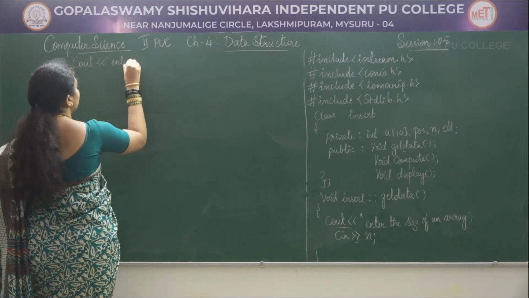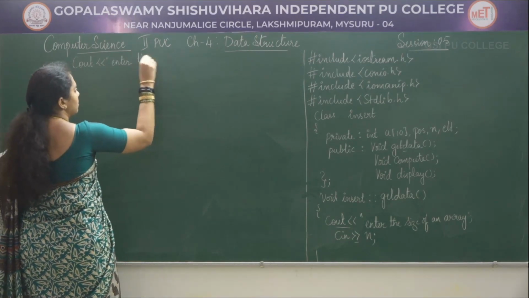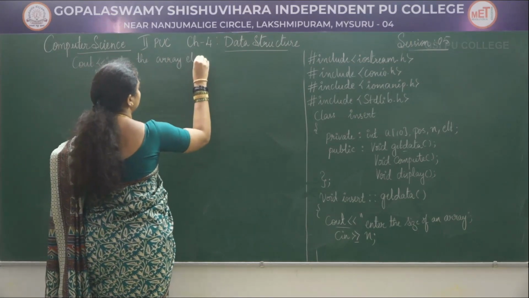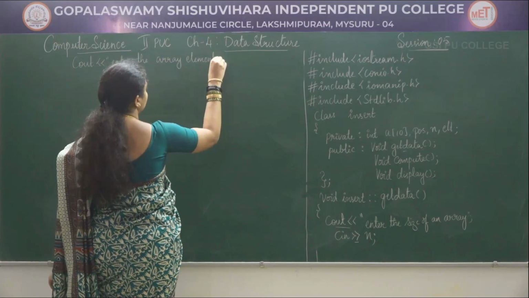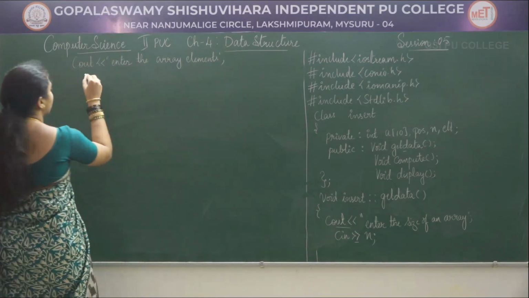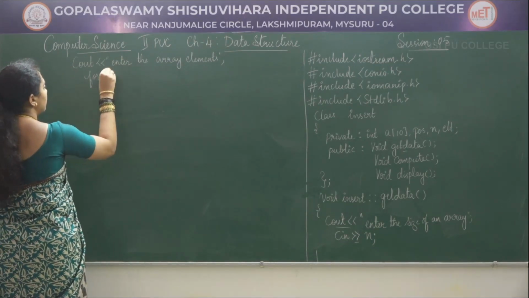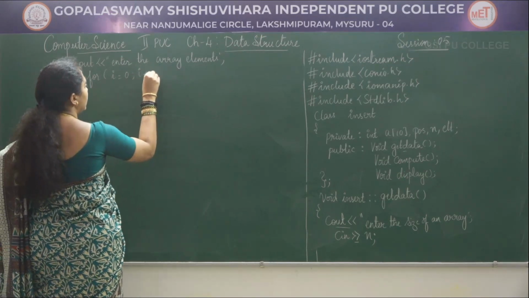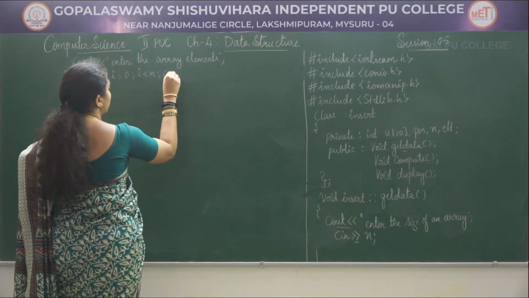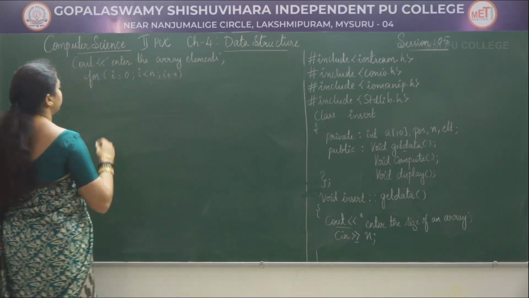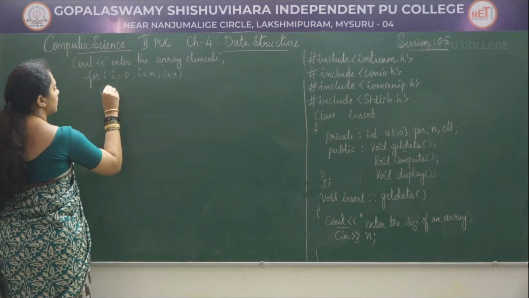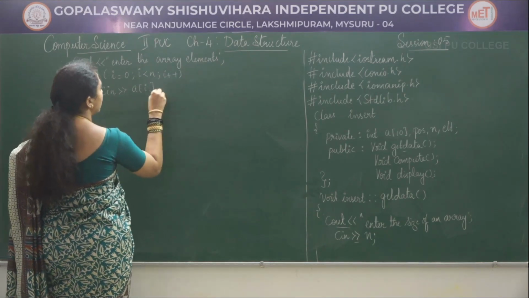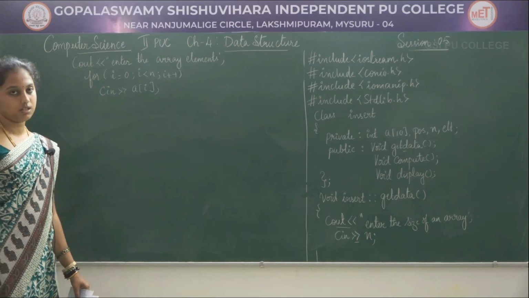Enter the array elements. Using for loop, I is equal to 0, I less than n, I plus plus. In the cin, I am going to accept the array elements.